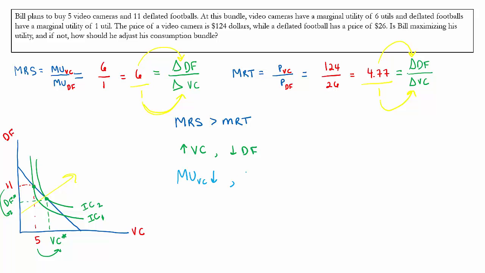And as he moves away from those deflated footballs, the marginal utility of a deflated football should go up. So we have this initial imbalance, but as the marginal utility of video cameras goes down and as the marginal utility of deflated footballs goes up, this MRS should fall until the MRS equals 4.77.